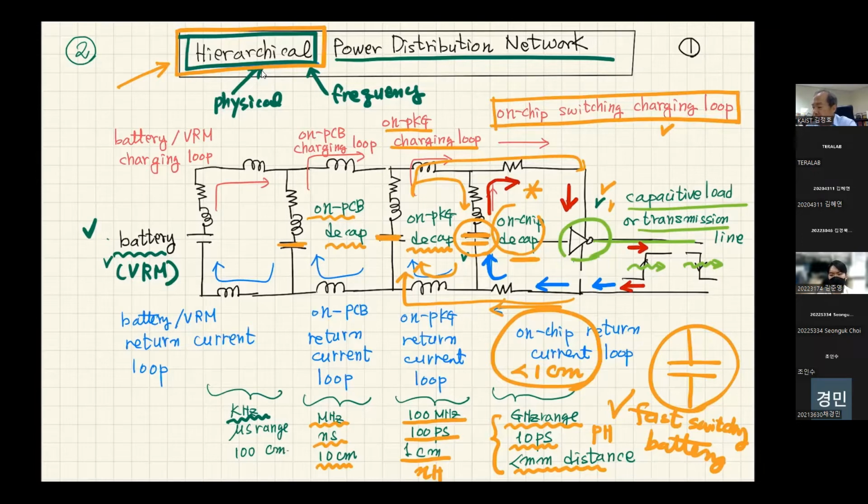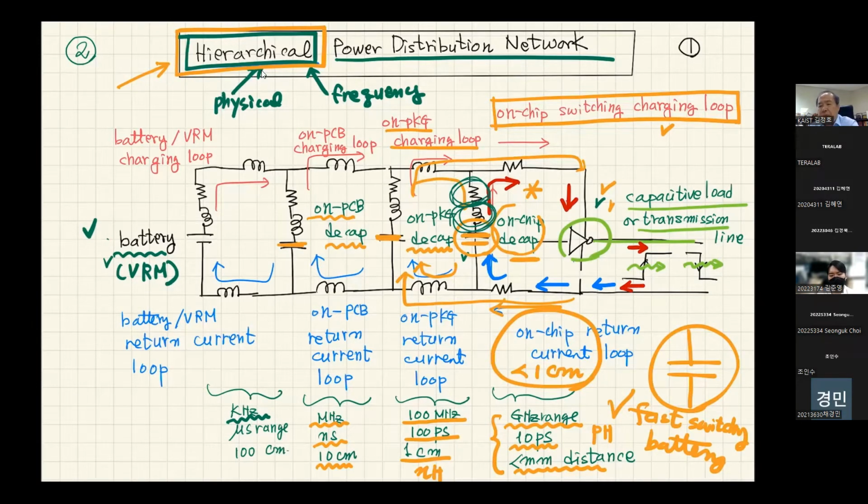As shown in this slide, it's going to have self-resistance and self-inductance. So the on-chip decoupling capacitor has minimal resistance and inductance and a moderate amount of capacitance. The resonance frequency will be very high, so it will be more responsible for gigahertz range switching current.